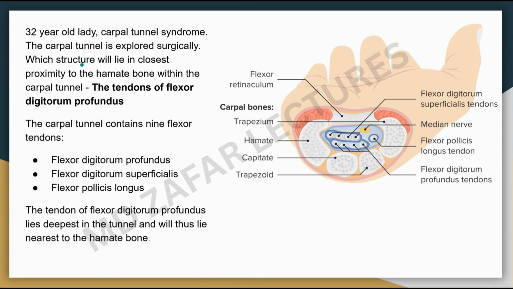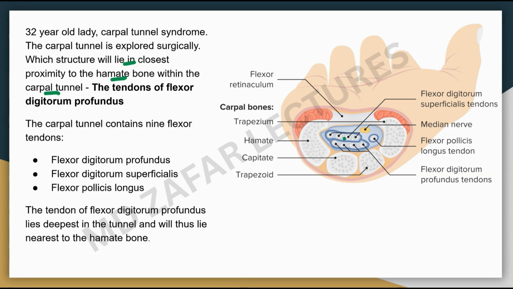So next up we have a 32-year-old lady who had carpal tunnel syndrome. Now the carpal tunnel was explored surgically. But the question is stating which structure will lie close to the hamate bone within the carpal tunnel. Basically they are going to test your knowledge of whether you are aware of all the structures, because hamate, capitate, trapezium and trapezoid form a very close boundary of the carpal tunnel.